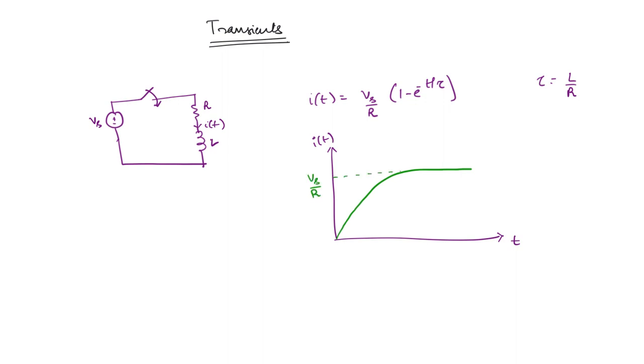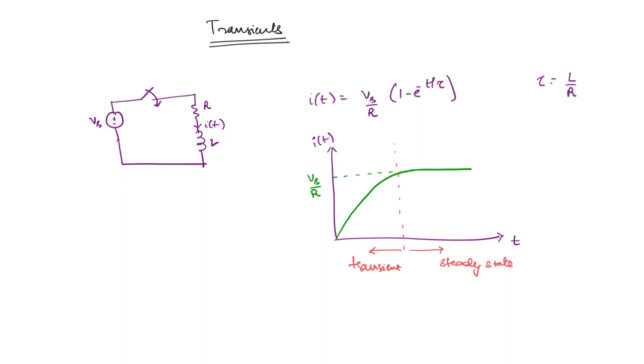Vs by R, because if you substitute t equal to infinity in I of t, you get Vs by R. So this part that you have here is the transient, that is before this time. After this time, it is a steady state value. It is not changing. It has reached a constant state. So this is the transient that we see in networks.